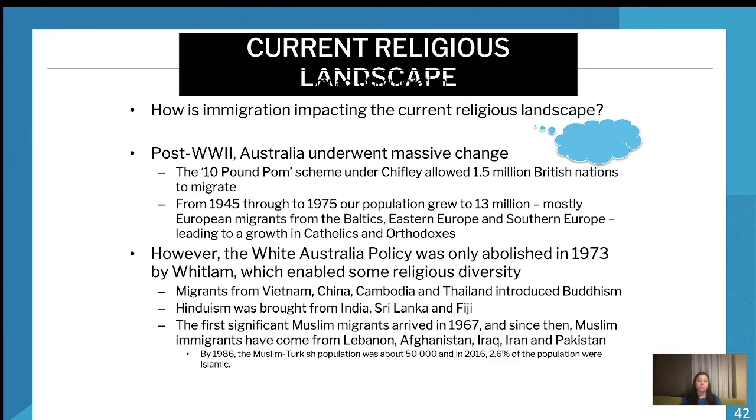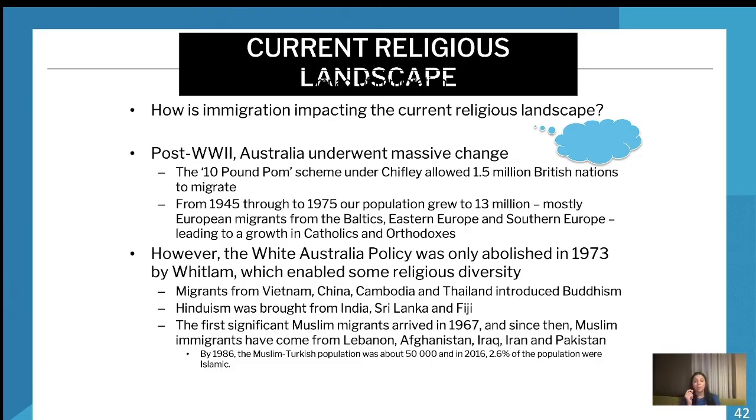So post World War II, Australia underwent a massive change because it allowed 1.5 million British nationals to migrate. And from 1945 to 1975, our population grew to 13 million, but most of it was European migrants from the Baltics, Eastern Europe, and Southern Europe, which led to the growth in Catholics and Orthodoxes.